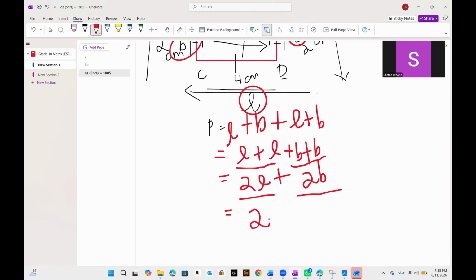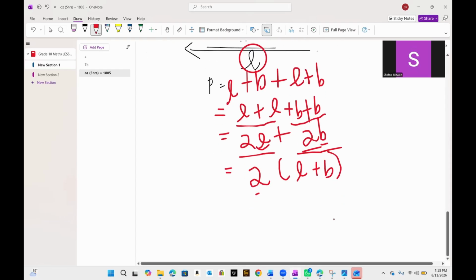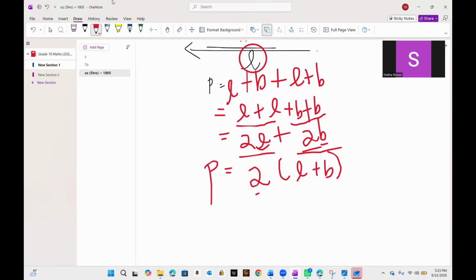So I'm taking 2 here. I'm opening my brackets. Here I have L, I'm putting the L plus. Here I have taken the 2 already. So I'm going to take the B here and close my brackets. Then what is your formula when it comes to the perimeter of a rectangle?